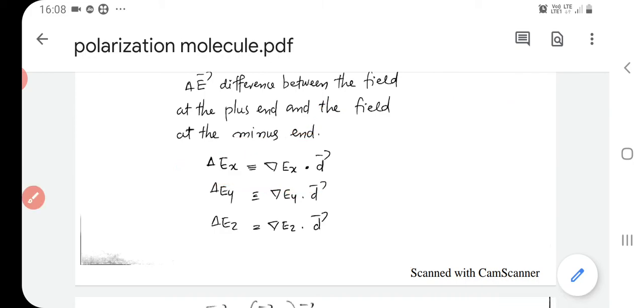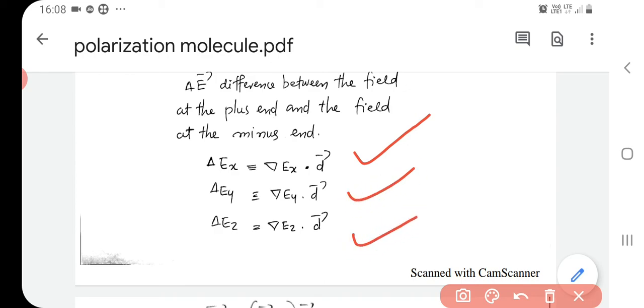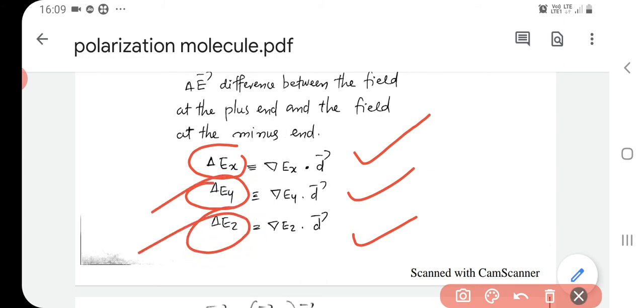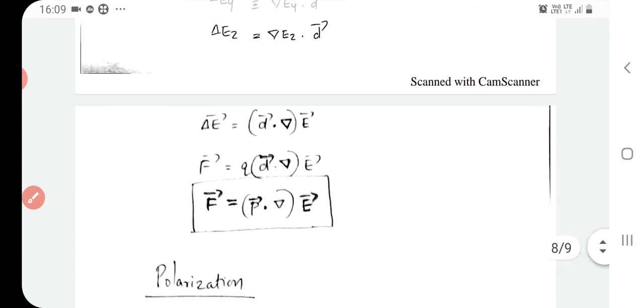So this can be written as delta Ex equal to the gradient of Ex dot D, delta Ey equal to the gradient of Ey dot D, delta Ez equal to the gradient of Ez dot D. So delta Ex is the change in the electric field in X direction for a distance D. Delta Ey, the corresponding change in electric field in Y direction.